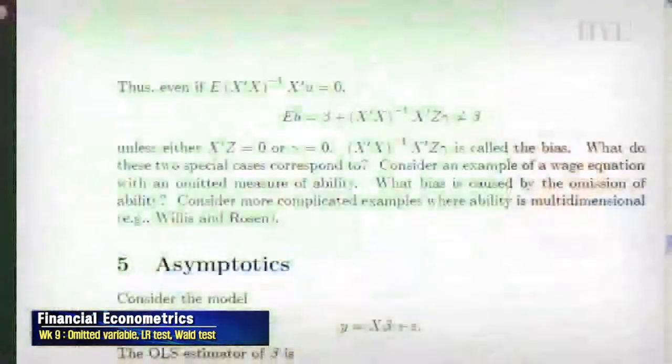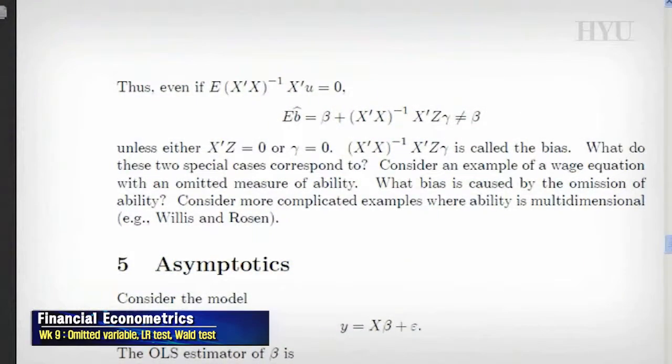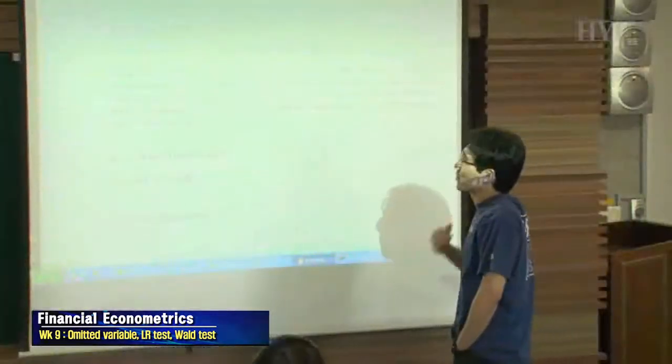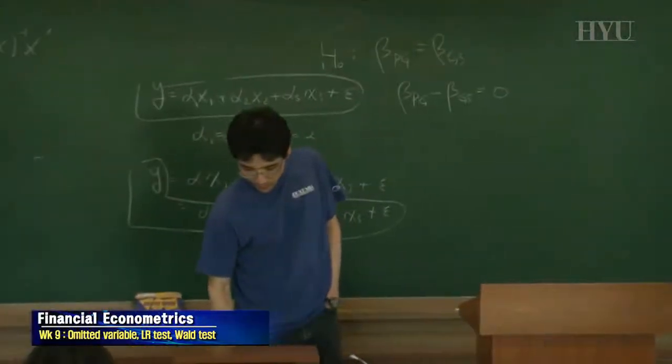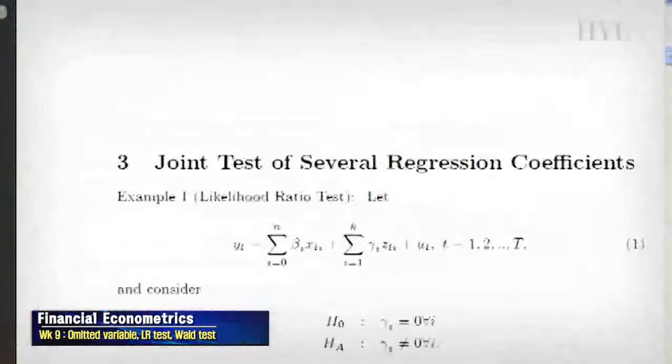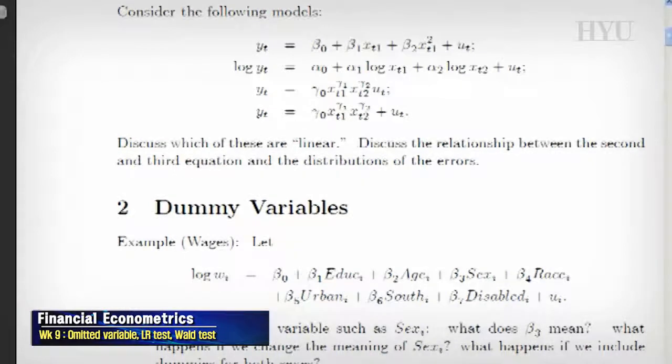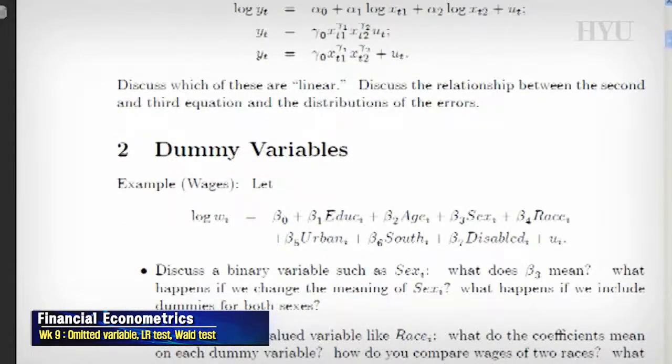So consider an example of a wage equation with an omitted measure of ability. Suppose we want to estimate wage. So this is our wage equation.